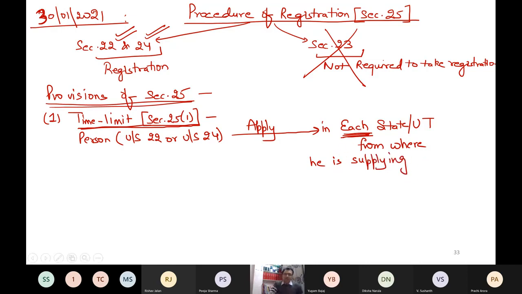This is my first point, that every person has to apply in each state and UT from where he is supplying. That is why most of the companies are having offices in multiple states.